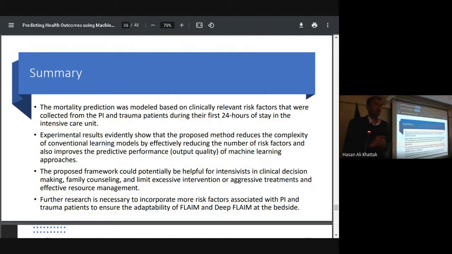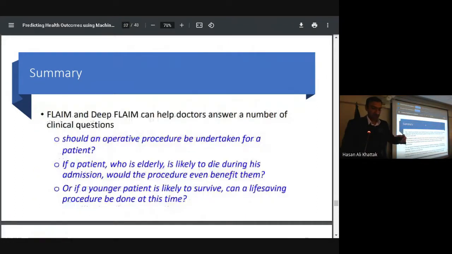Explainability is now not a luxury; it is mandatory, or will soon be considered so. If your machine learning algorithm predicts, for example, whether an operative procedure should be undertaken for a patient, on what basis, and which variables did it consider to give us the outcome? Unlike conventional deep learning algorithms, where we get input and output and everything in between is a black box.